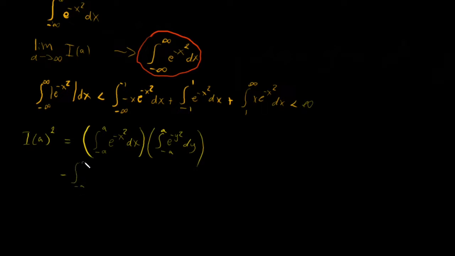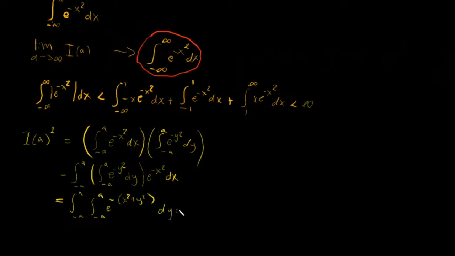Yeah, it could be z, it could be x, it could be r, whatever. This is equal to the integral from negative a to a of the integral from negative a to a of e to the negative y squared dy times e to the negative x squared dx, which is simply equal to the double integral, both from negative a to a, of e to the negative, parentheses, x squared plus y squared, dy dx.